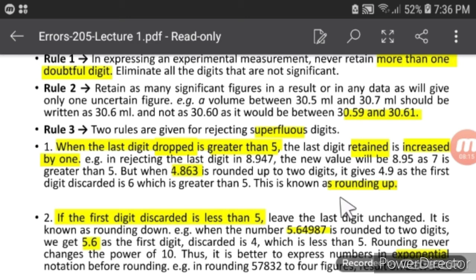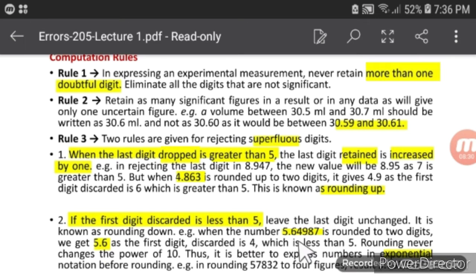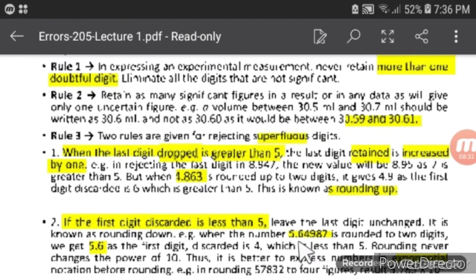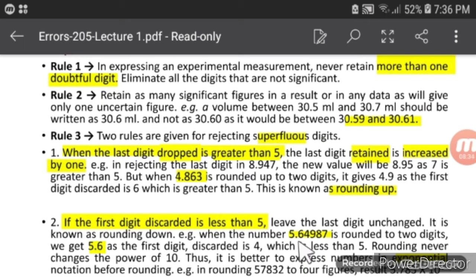Clear. Next is, if the first digit discarded is less than 5, then what should we do in that case? For better understanding, we will see an example: 5.64987.